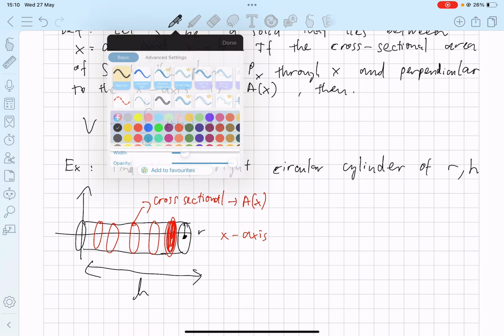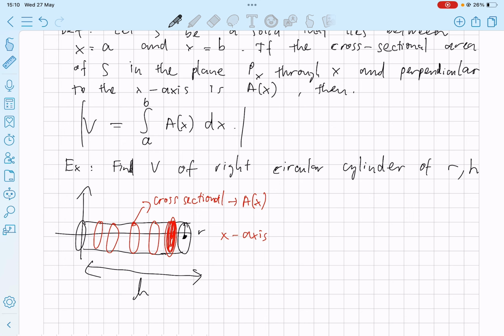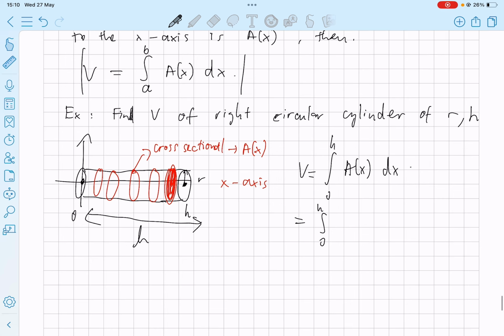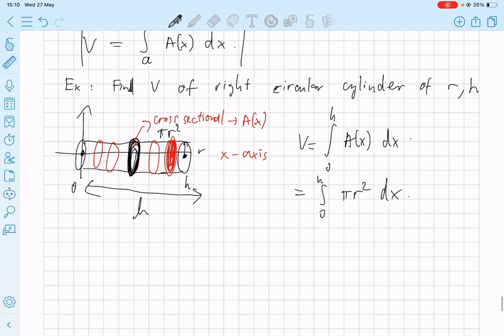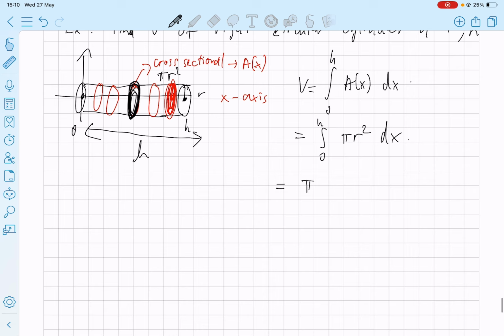So now let's use the formula right here. V equals the integral from 0 to h of A of x dx, and A of x in this case will be the circle over here, which is pi r squared. So it is pi r squared dx, and we find the integral, which equals pi r squared x from 0 to h.